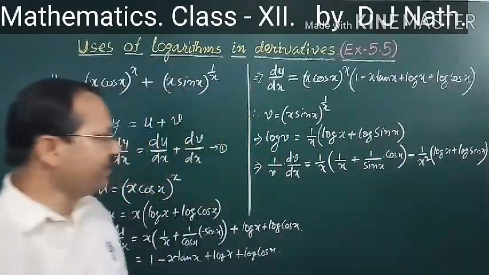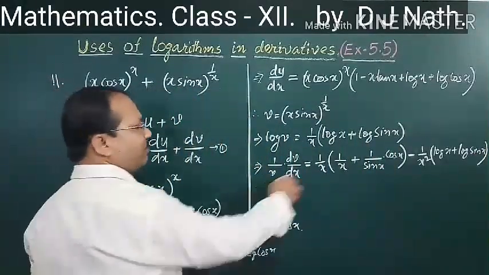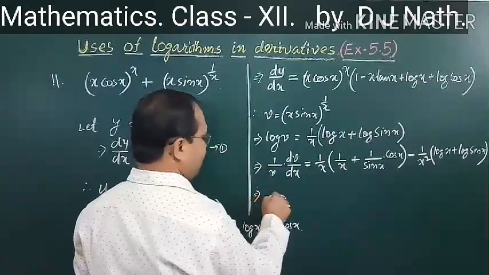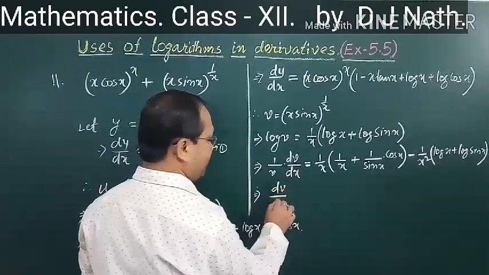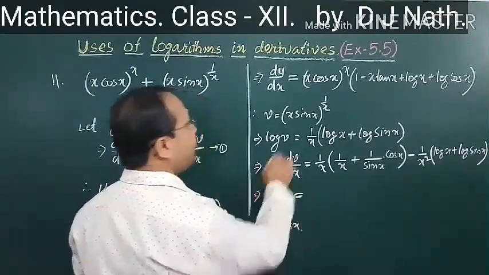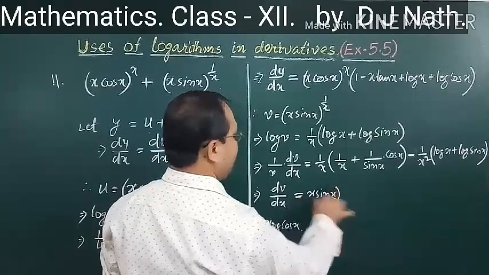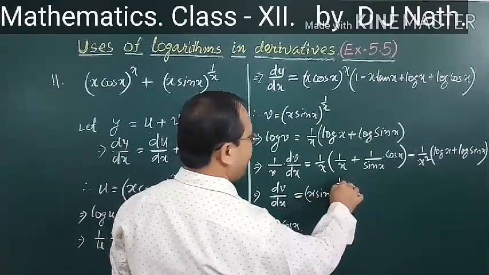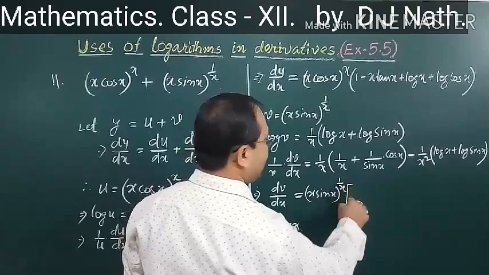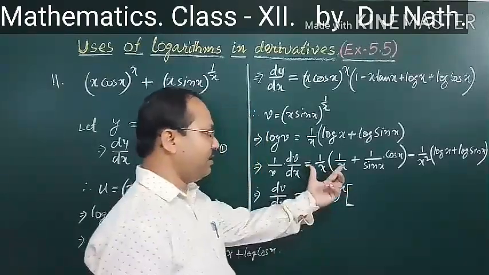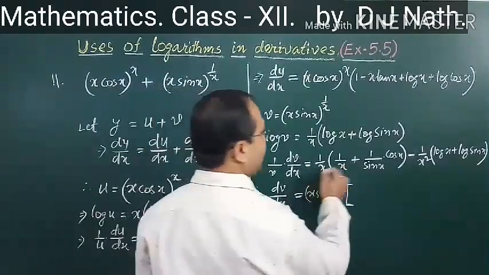Okay. Now what will be dv dx? dv dx is equal to v, and v means x sin x to the power 1 by x into, now these two we can multiply. So what will it become?